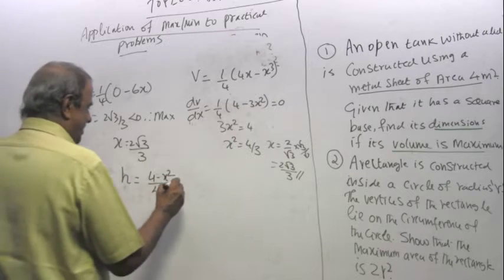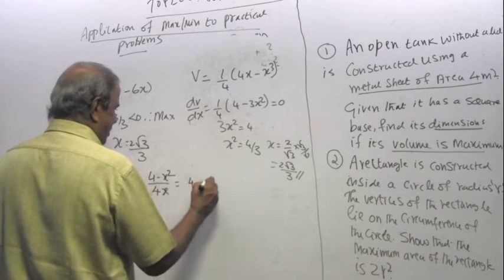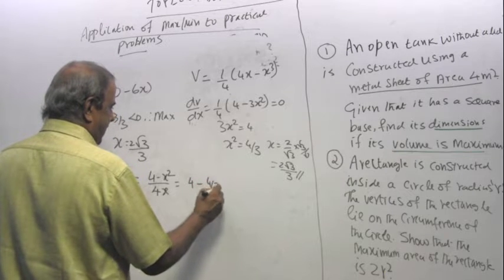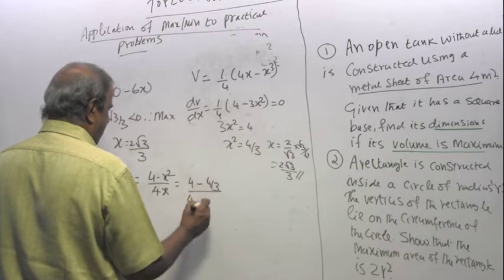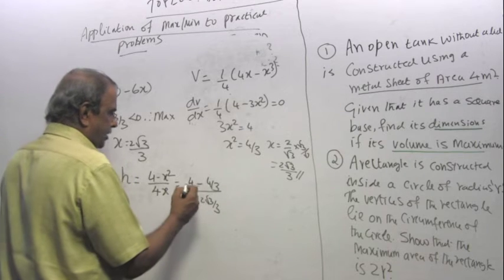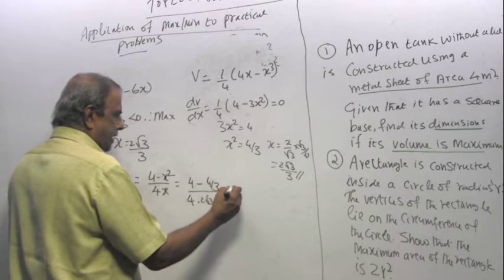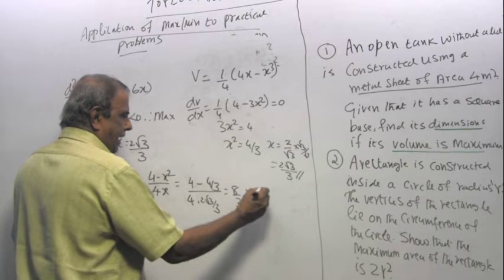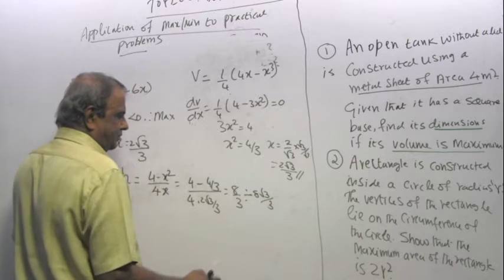Clever. So that is 4 minus, what is x squared? 4 over 3, divided by 4 times 2 root 3 over 3. 3 for the 12, 12 minus 4 is 8 over 3, divided by 8 root 3 over 3.